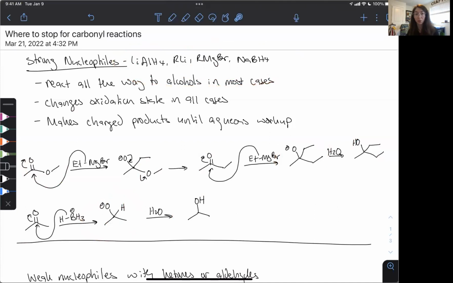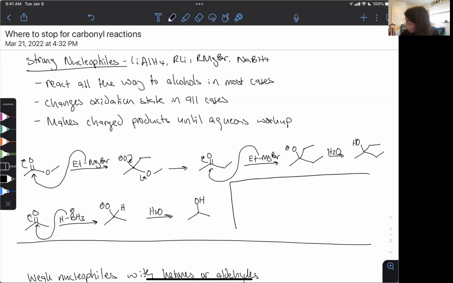So that's really what we're looking at with the strong nucleophile section. I think a lot of us are feeling pretty comfortable with that because it is fairly intuitive. You've got high energy reactants, lower energy products. That's where we want to be going. So when you've got a strong nucleophile, you're generally going to be reacting your carbonyl up until it cannot be a carbonyl anymore.